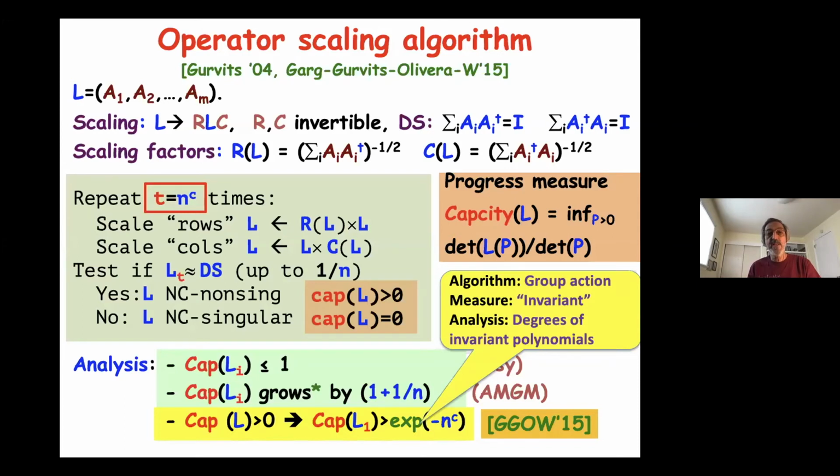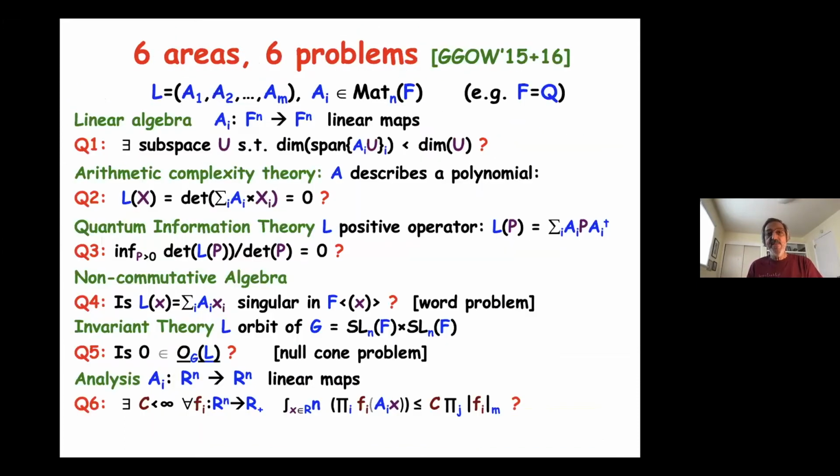But in fact, I alluded to this in the beginning of the talk. There are connections to many areas of math and also physics. And what Gurvits did turns out to be much more general.